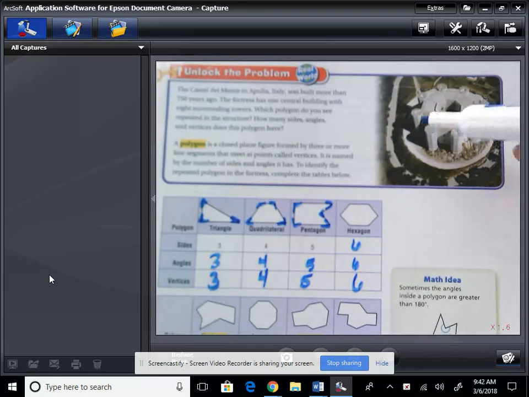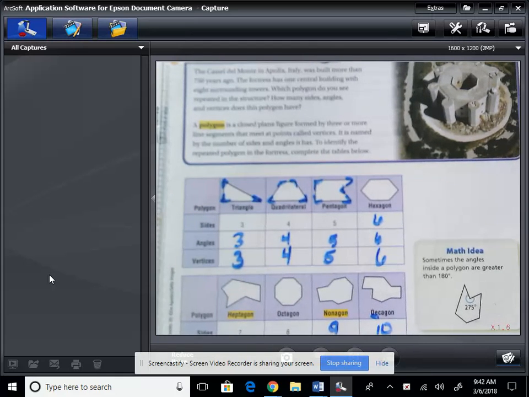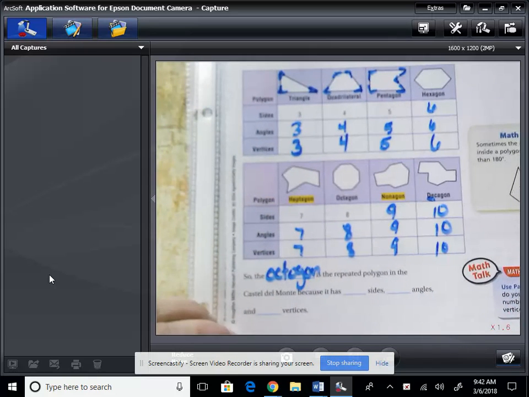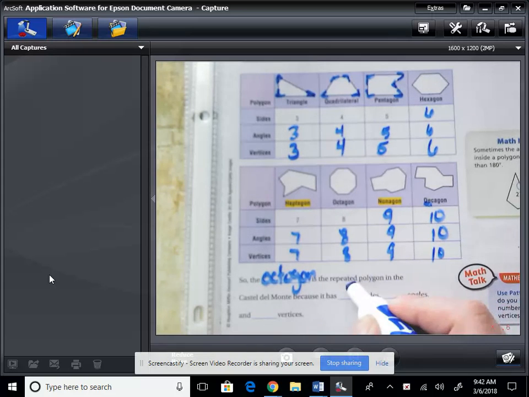What do you see throughout all these? Well, I see 1, 2, 3, 4, 5, 6, 7, 8. Ooh, look at how many octagons there are. So the octagon is repeated because it has 8 sides, 8 angles, and 8 vertexes.